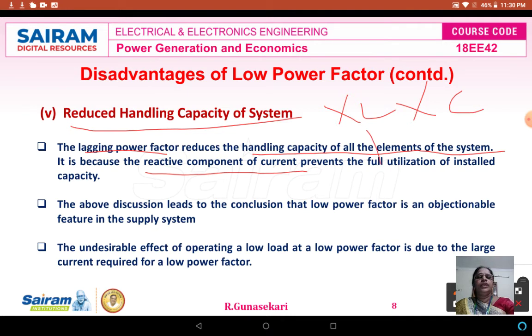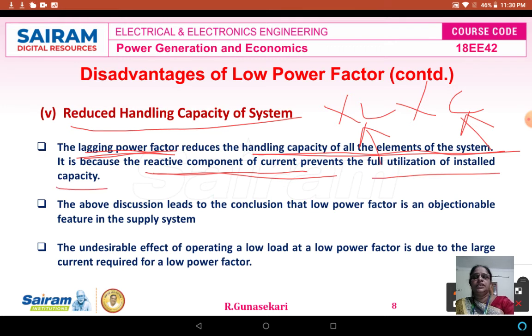The inductive reactance XL means lagging power factor, the capacitive reactance XC means leading power factor. Here we are considering lagging power factor. It reduces the handling capacity of all the equipment of the power system, because the reactive component of the current prevents the full utilization of the installed capacity.